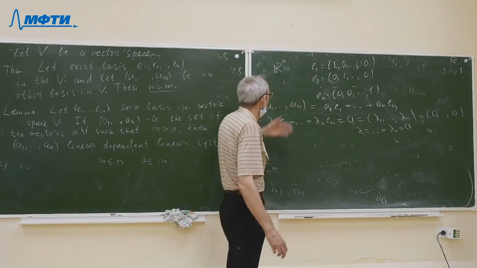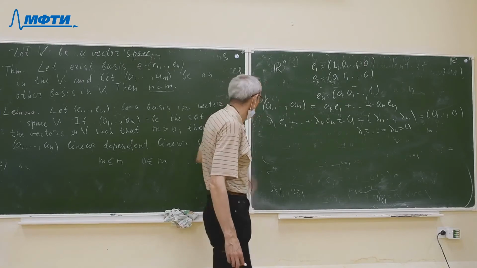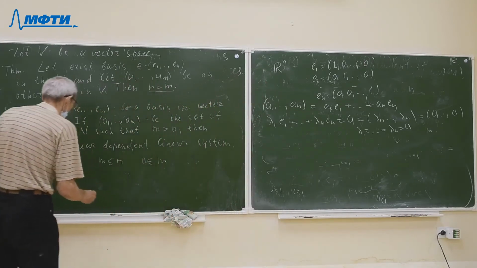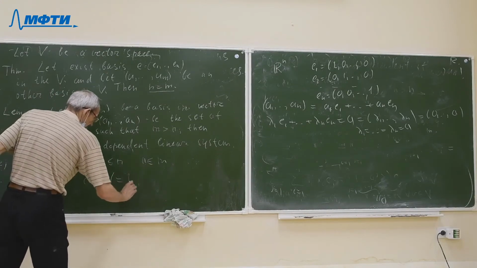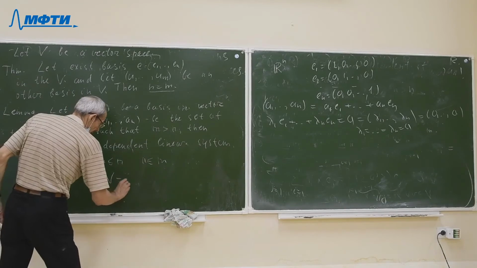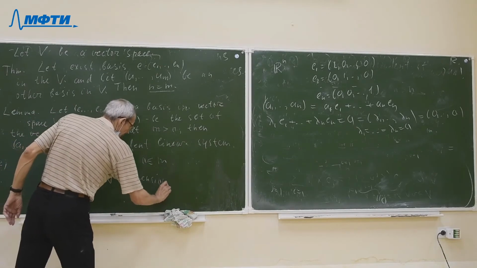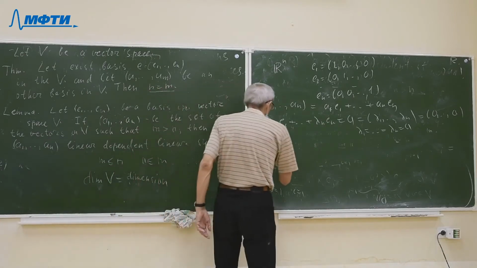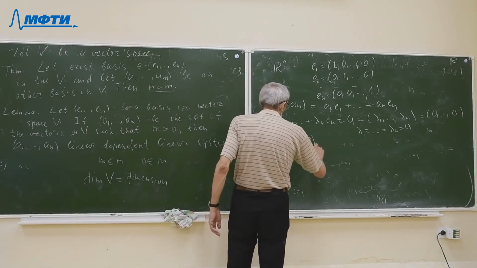And a corollary of this fact: the dimension of this vector space is equal to n. I will denote by dim the dimension of the vector space. We obtain that the dimension of Rn is equal to n.